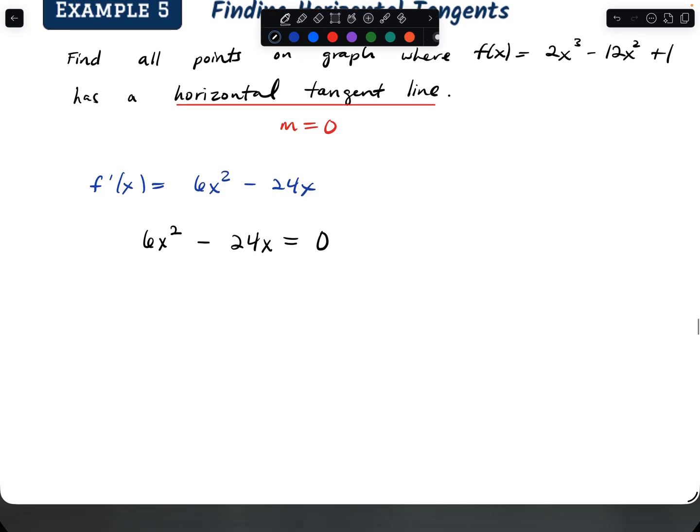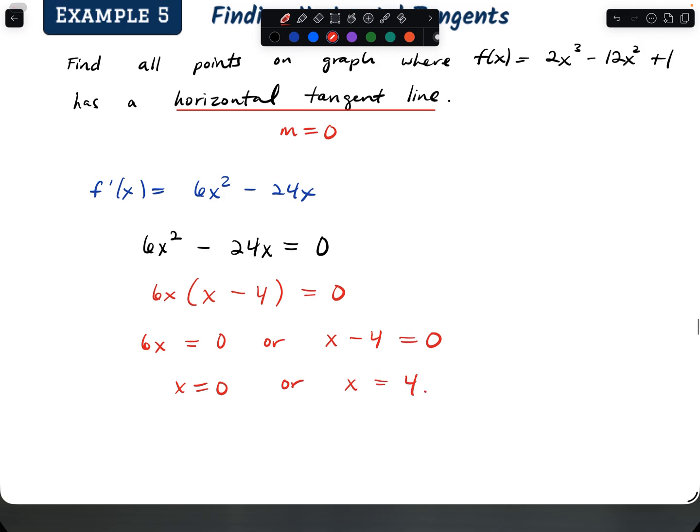Okay, GCF is 6x, so 6x times x minus 4 is equal to 0, which means that 6x is equal to 0, or x minus 4 is equal to 0, which means that x is equal to 0, or x is equal to 4, okay?